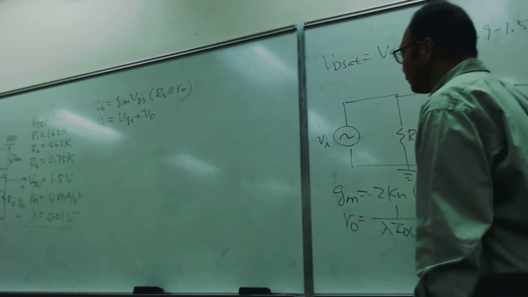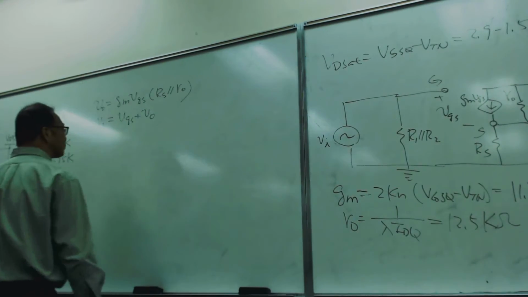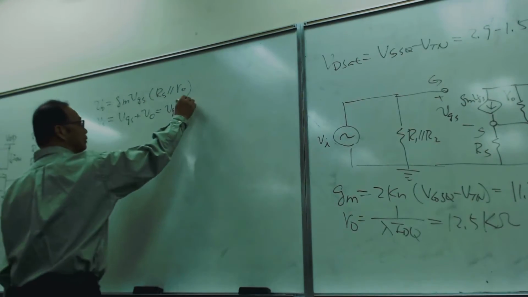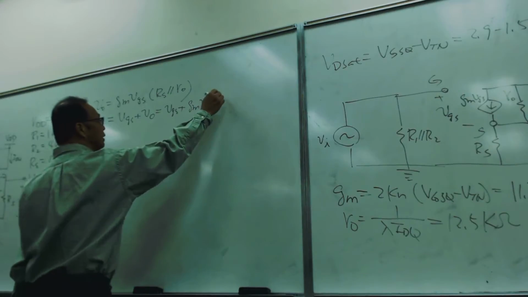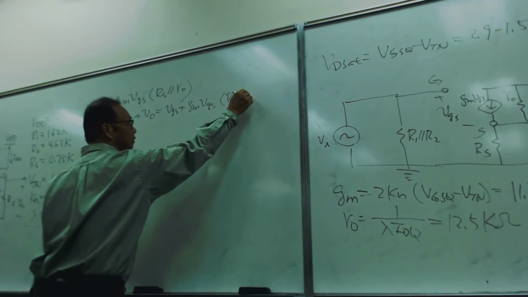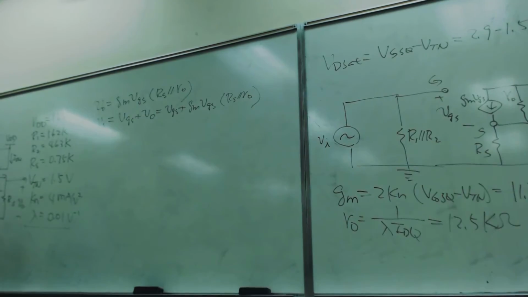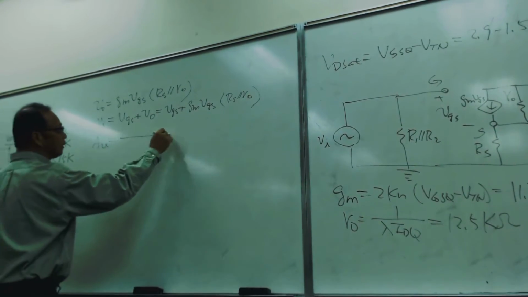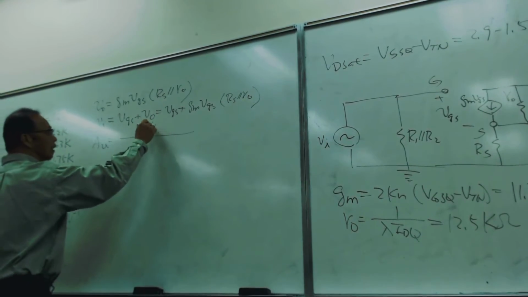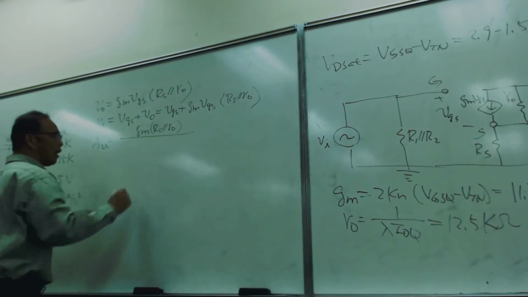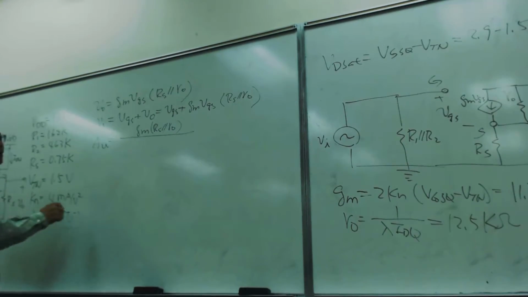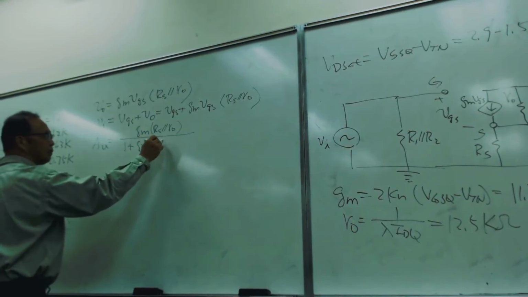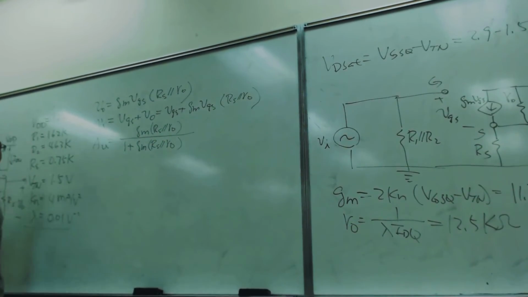That's V sub O. So it's equal to VGS plus V sub O, which is gm VGS times R sub S in parallel with R sub O. Then you just take the ratio, so you get gm R sub S in parallel with R sub O on top, and 1 plus gm R sub S in parallel with R sub O on bottom.